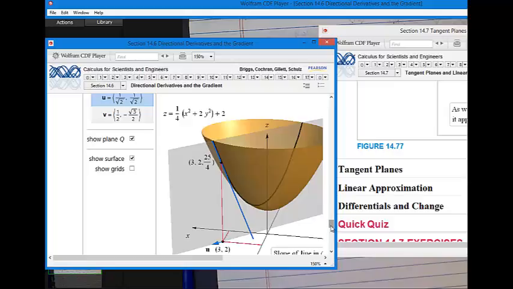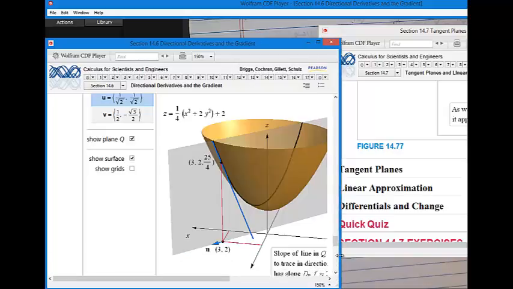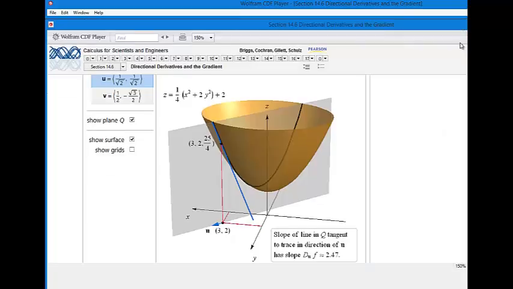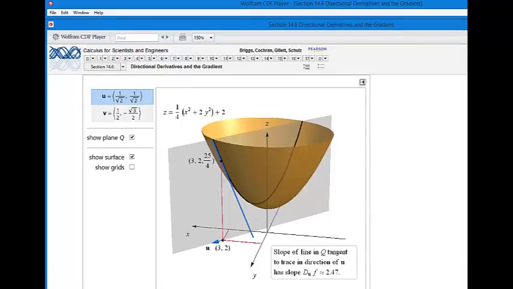Okay? And so now the question is, what happens if we compute the partial derivative in the direction of u? Okay? u here is (3, 2). Let me make this a little bit bigger. You guys see that? So we're getting the slope of this tangent line.